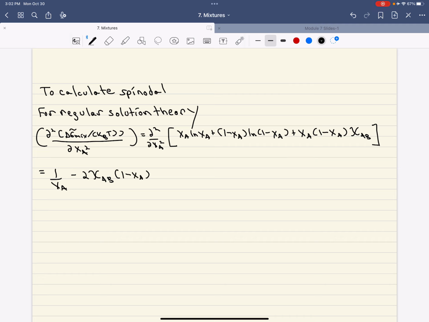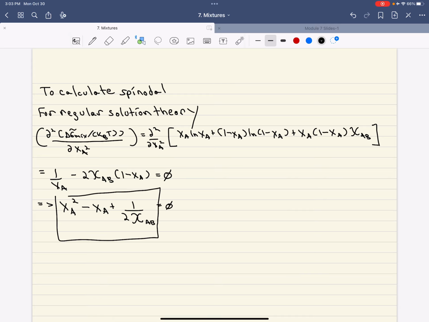If we go through that second derivative, we get this. In order to find the spinodal, we need to find the inflection points, right? So that's where the second derivative is equal to 0. So we set this equal to 0. Therefore, we get this equation: xa squared minus xa plus 1 over 2 chi ab is equal to 0.